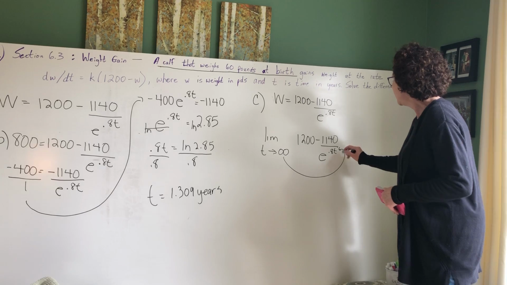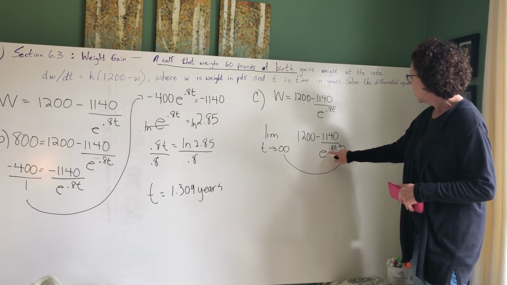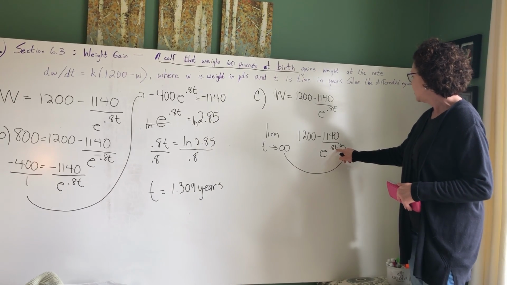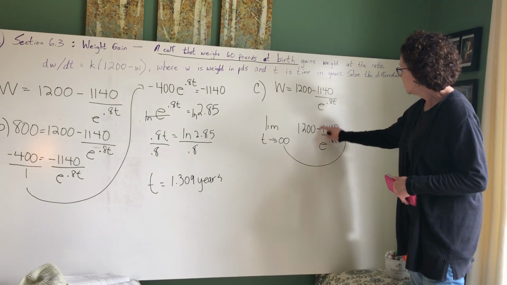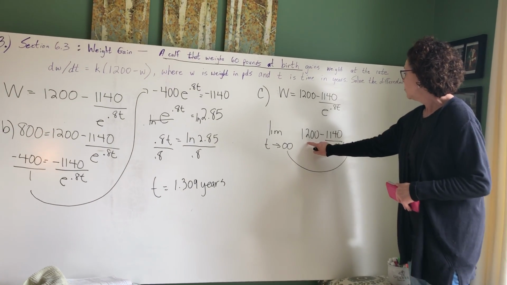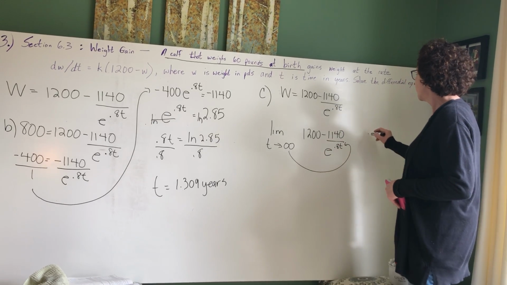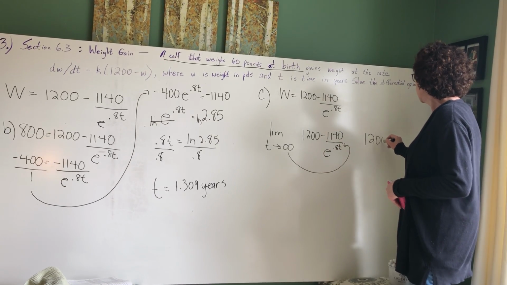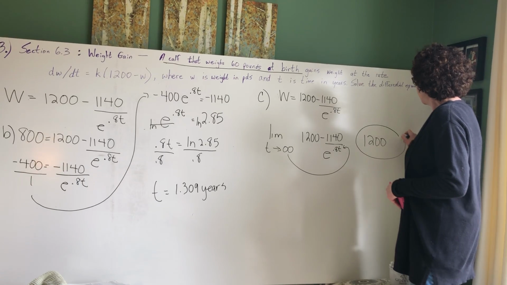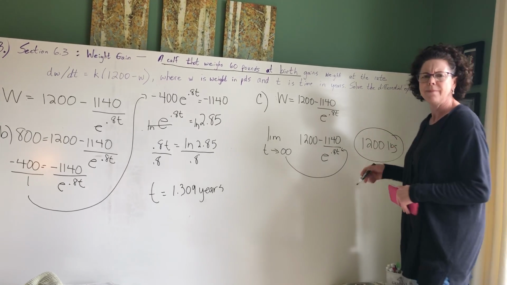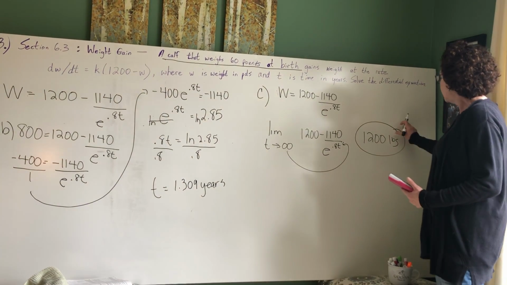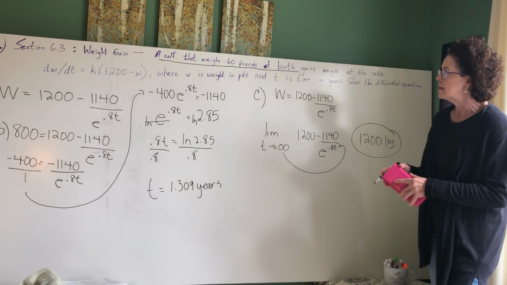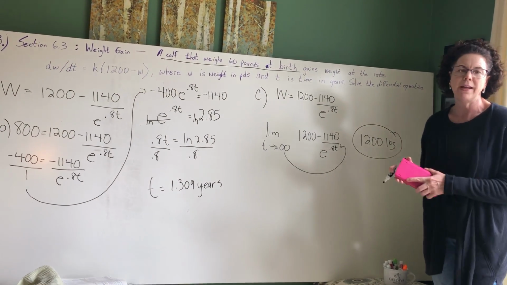When we put infinity in for time here, e to the 0.8 times infinity, that's going to make this denominator very large, pushing this fraction to 0. So we would have 1200 minus 0. So the answer is actually that easy if you're able to see it the way we're looking at it, and that would be 1200 pounds would be the maximum that the calf would end up weighing.